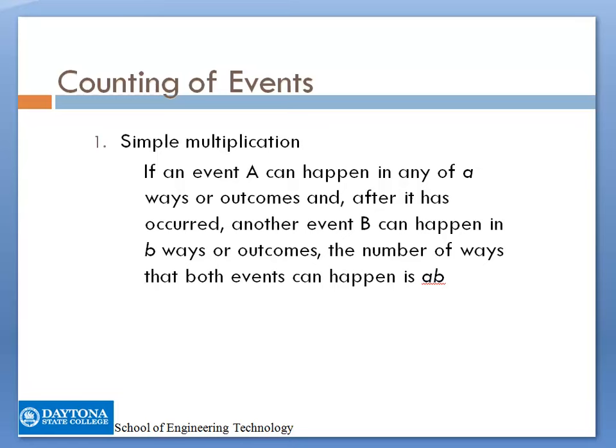So these are the simple multiplication, the permutations, and combinations. So let's start understanding simple multiplication. And this is when, if an event A can happen in A ways or outcomes, and after it has occurred, another event B can happen in B ways or outcomes, the number of ways that both events can happen is A times B.